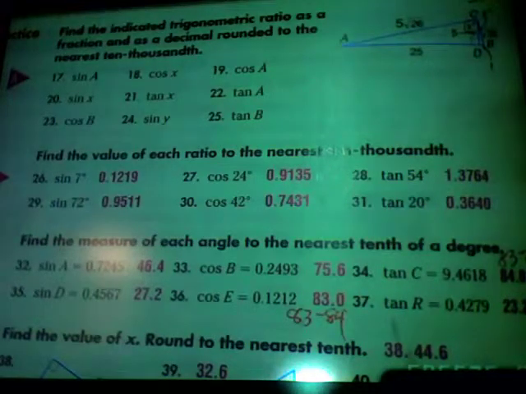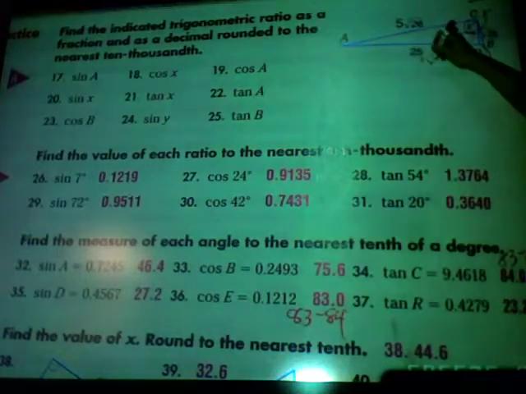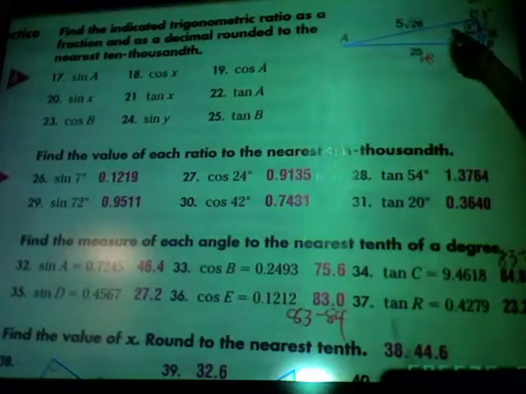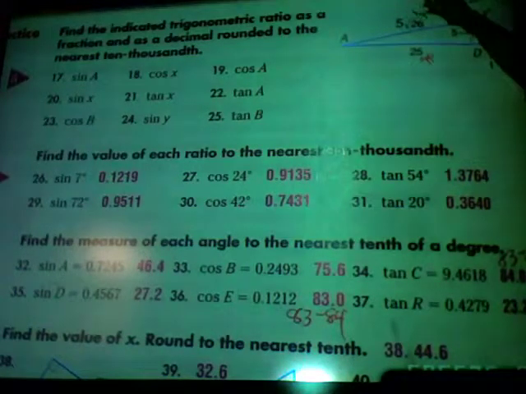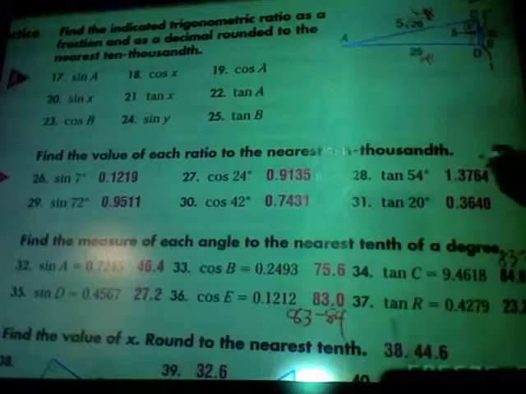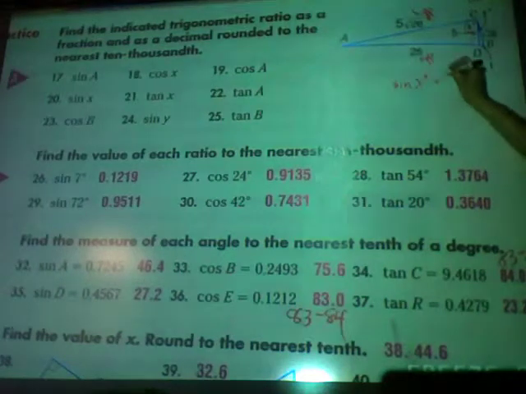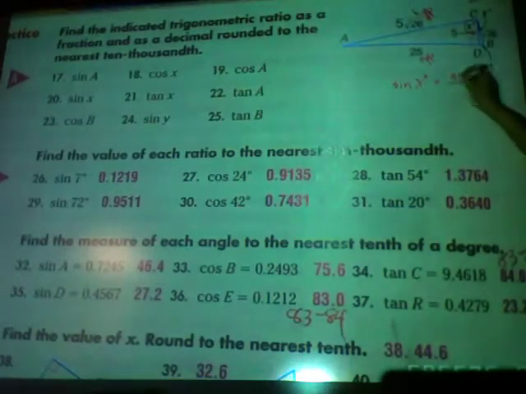What side is side opposite x? 25. So this is my side opposite. What's my hypotenuse? It's across a right angle, so this is your hypotenuse. And so the sine of x is equal to 25 over 5 rad 26.